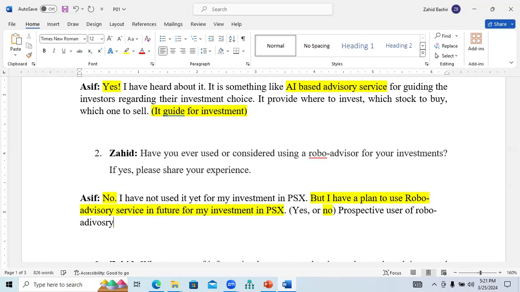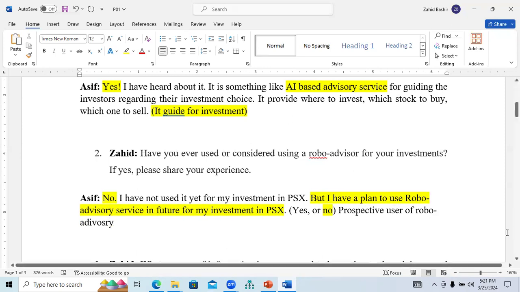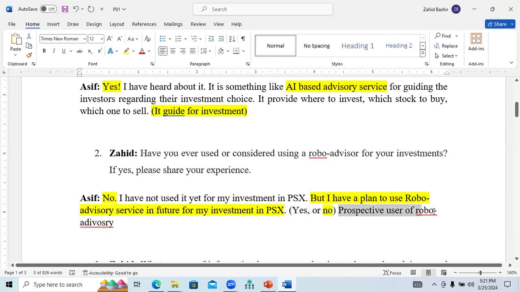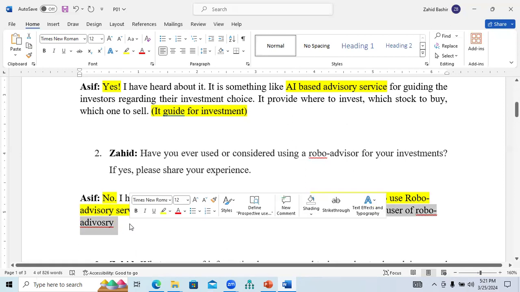So he has not used this service, but he will use it in the future. So two codes are generated from here. The first code is regarding the yes or no. The second code is regarding the future user of robo advisory. So he will use it in the future.